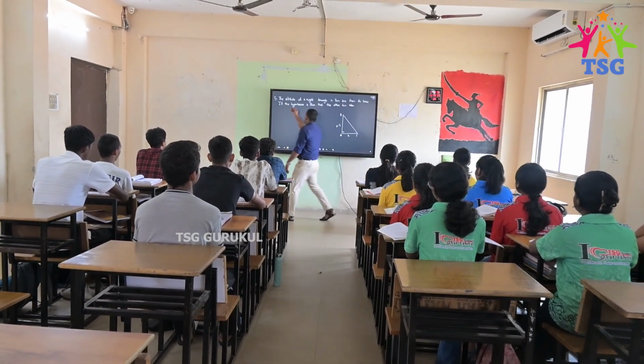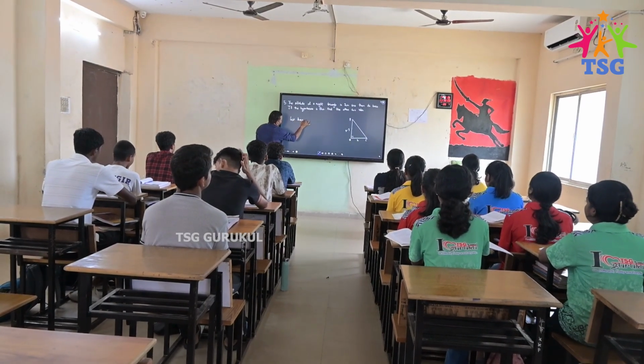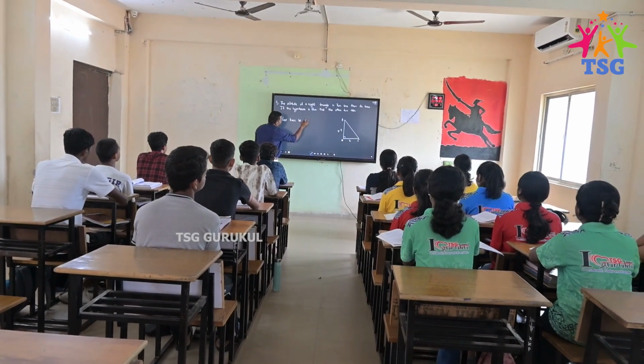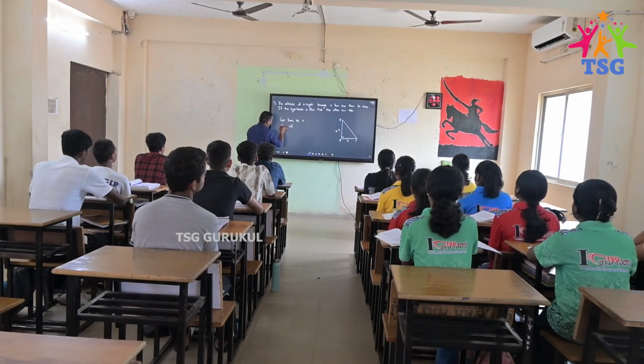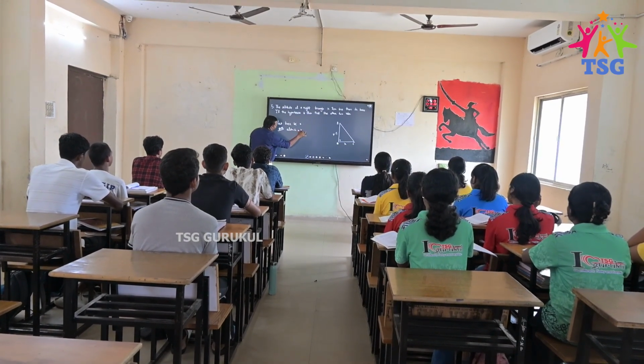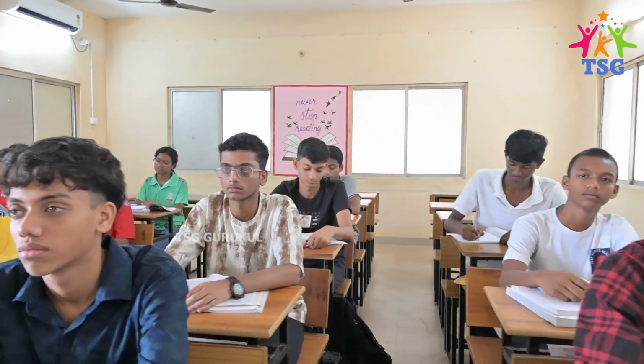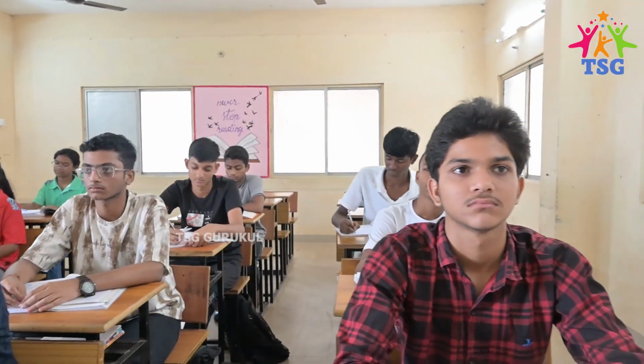So first write: let the base be x unit. Then according to the question, the altitude is x minus 7 unit.